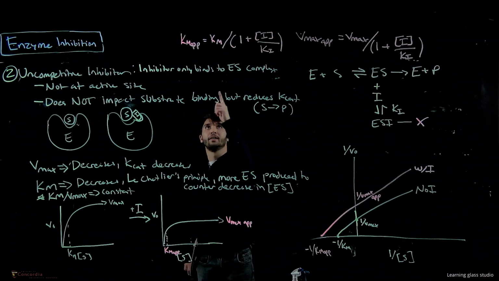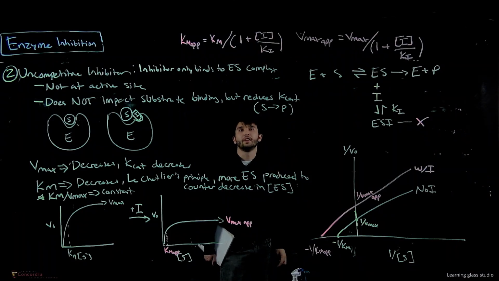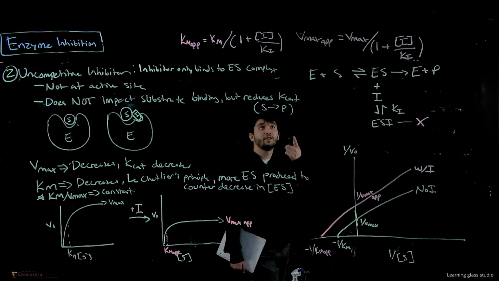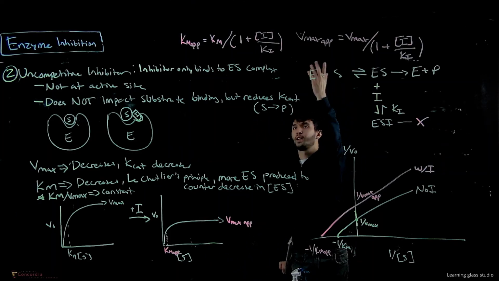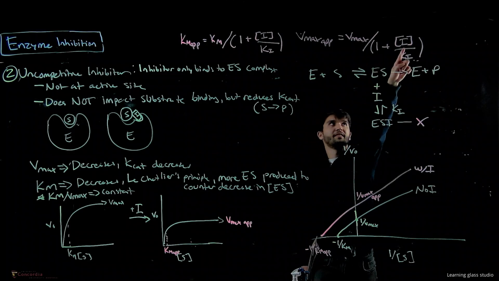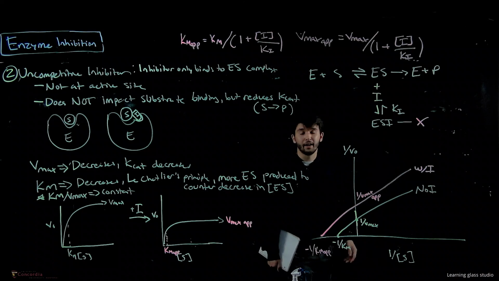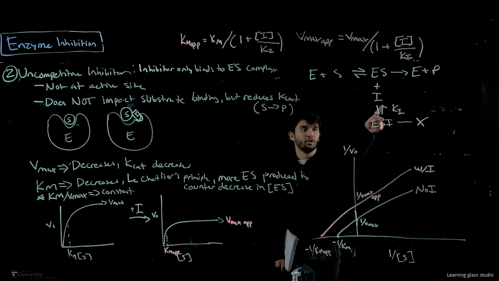So Km apparent is equal to Km divided by 1 plus the concentration of the inhibitor divided by Ki. For Vmax apparent, it's actually the same equation, just sub out Vmax for Km. So Vmax apparent equals Vmax divided by 1 plus the inhibitor concentration divided by Ki. So these are things that you can experimentally calculate to find this equilibrium constant here.